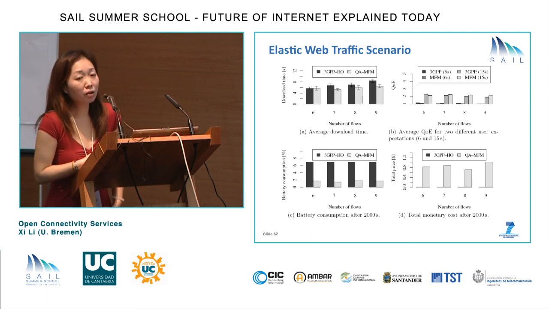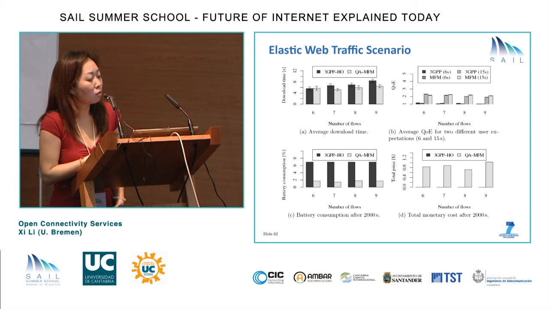So in the second scenario of the web traffic, we also compared both approaches. We find out that with the web application, our approach is also able to achieve less downloading time, and in turn we can get a bit higher quality of experience.